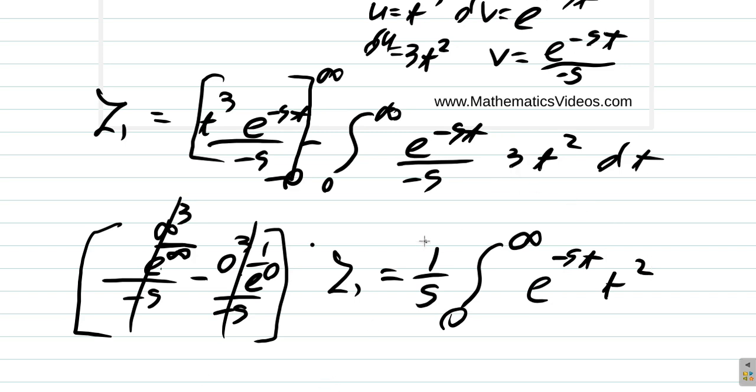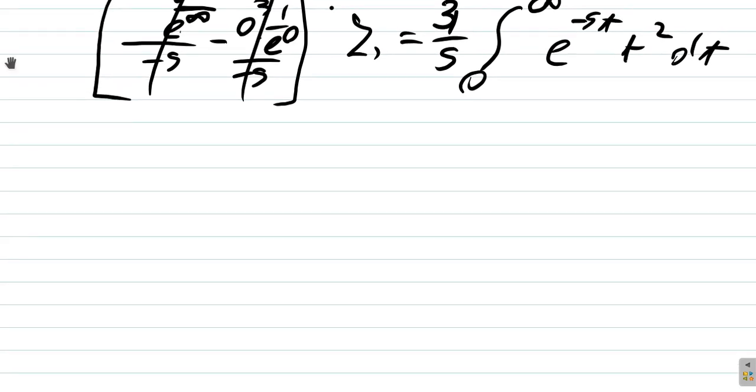So we would have 3 over s times the integral from 0 to infinity of e to the negative st t squared dt. Now, this is L1. Here we have 3 over s times, let's call this L2.